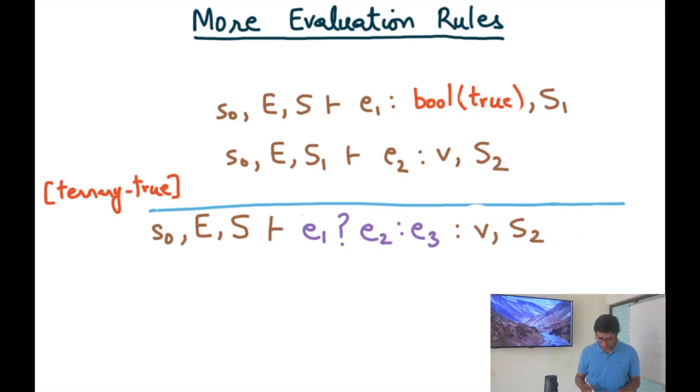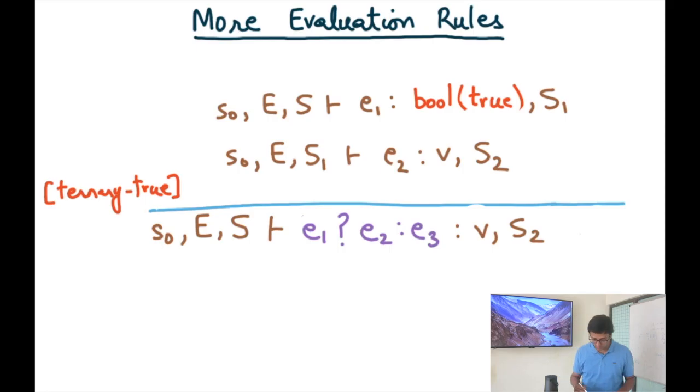What we're going to do again is evaluate E1 first under the same context S0, and then if it evaluates to true and side effects are captured in S1, then we evaluate E2 under S1. Let's say it gives us V comma S2, then the final result is just V comma S2. Notice that the value is no longer ignored. The return value of this expression is V, which is evaluated through E2. Recall that E2 and E3 may be of different types, and that's perfectly okay.